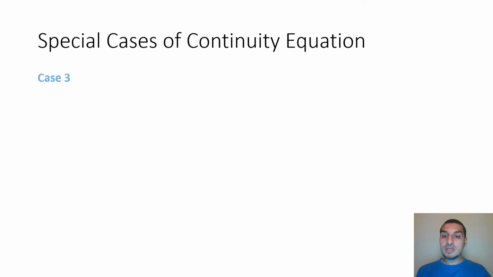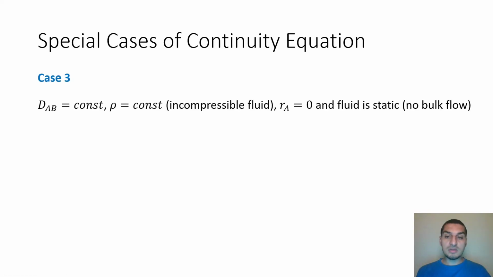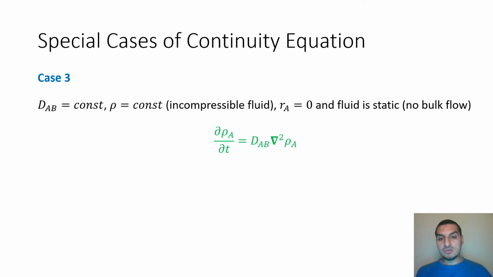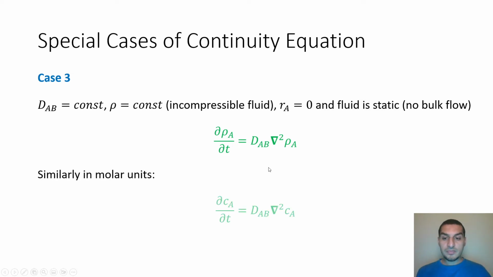The third case is for the same thing, but we will have static flow, meaning that we don't have any bulk flow. So the bulk flow term, which is v dot del rho A, is going to be 0, so we will end up with just these two terms, and this is if we are using molar units.